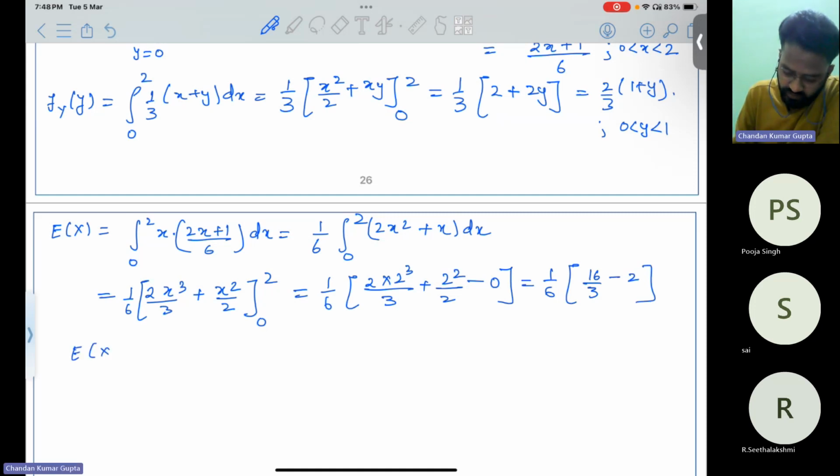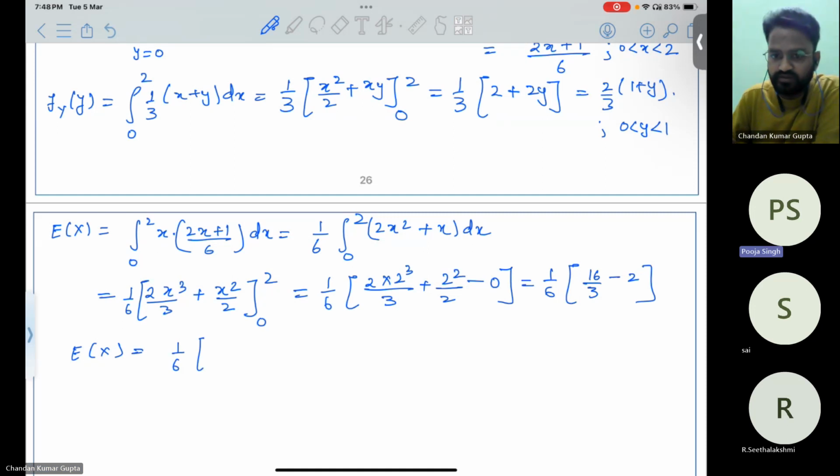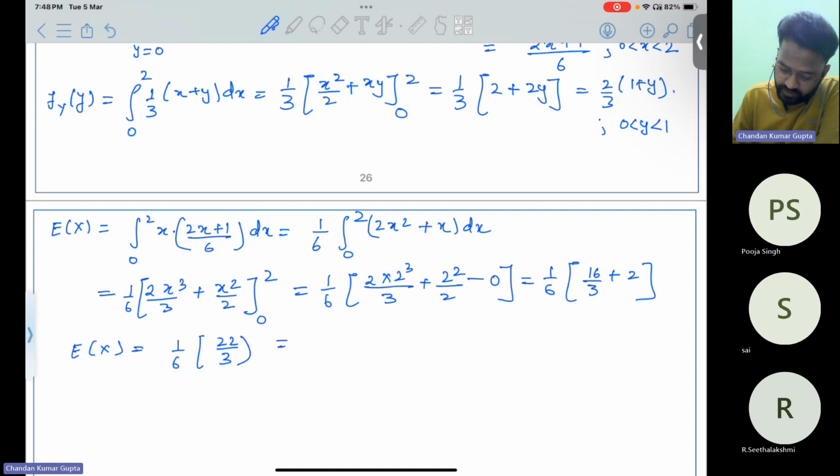So the expected value of x is 1 by 6 times 22 upon 3, which comes out to be 11 upon 9. This is the expected value of x.